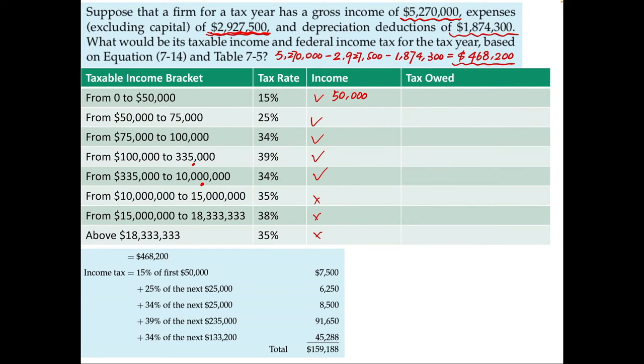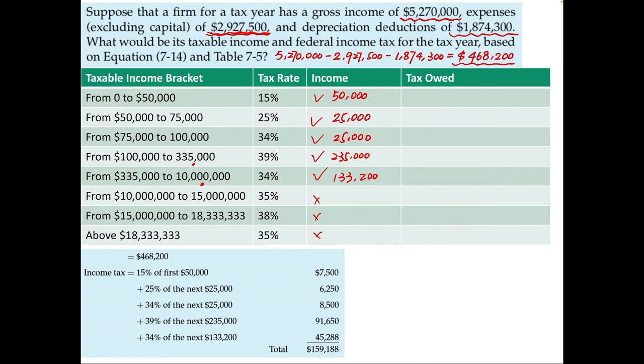And then you still have another 25,000, which is between 50,000 and 75,000, and then you still have another 25,000 in this total taxable income, and also another 235,000 left, and then after that you still have 133,200 left.